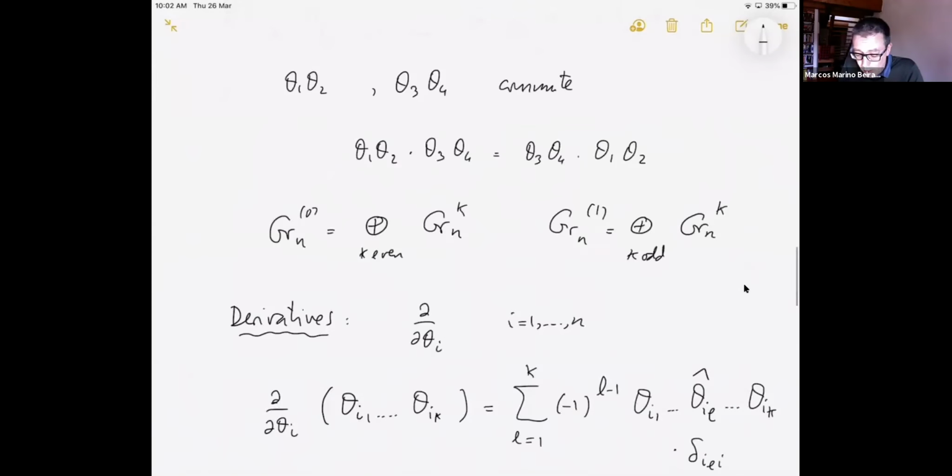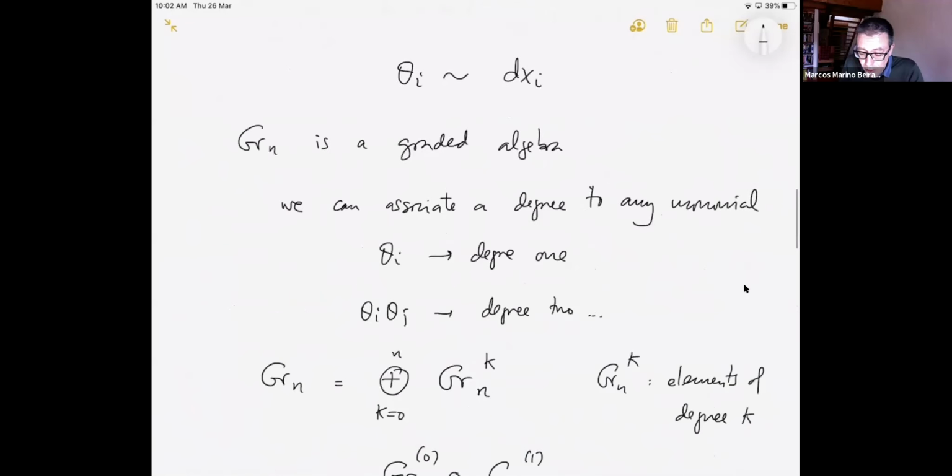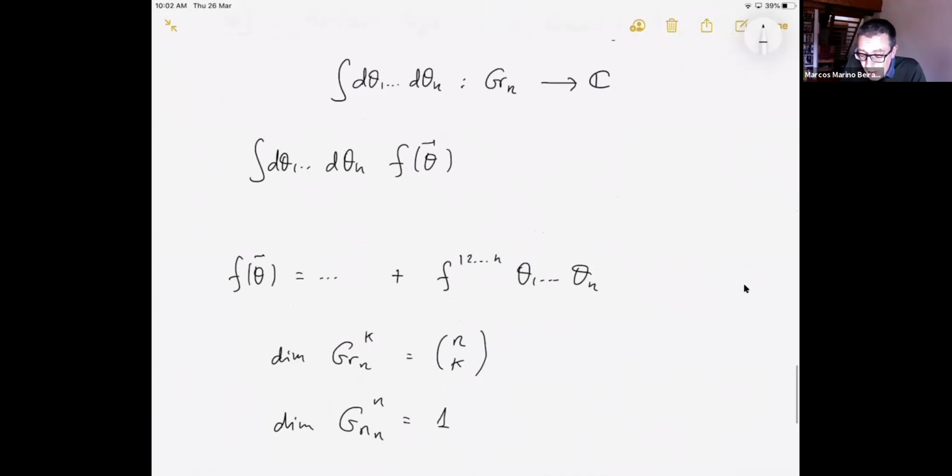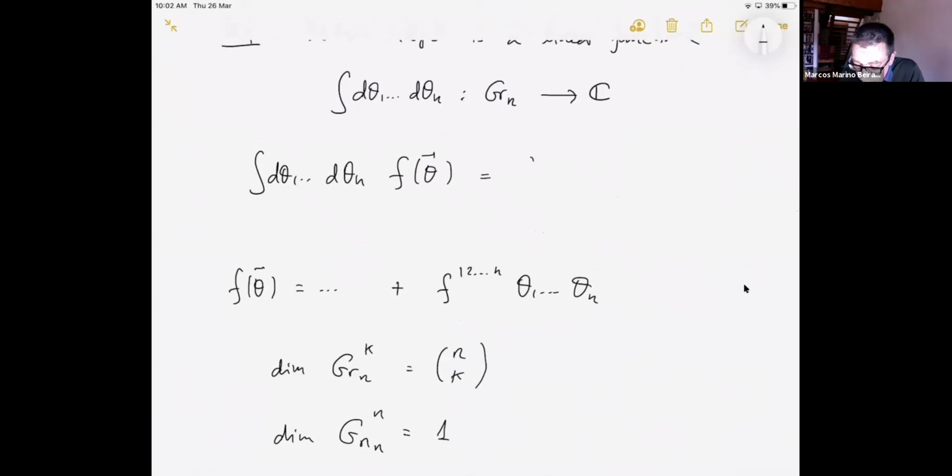So this is essentially n choose k. When you have the highest possible degree, the dimension is just 1, so there is a single coefficient. From all the terms in a general function of the Grassman algebra, the Berezin integral just keeps the highest power, f_{1 to n}. So this is the definition of the Berezin integral.